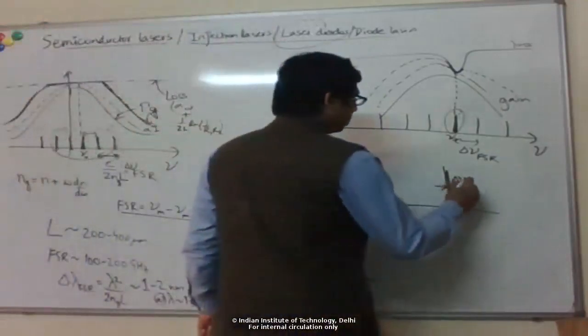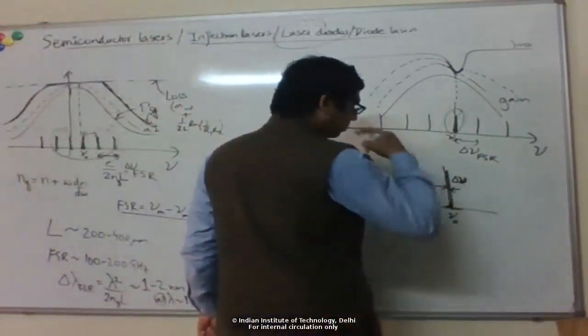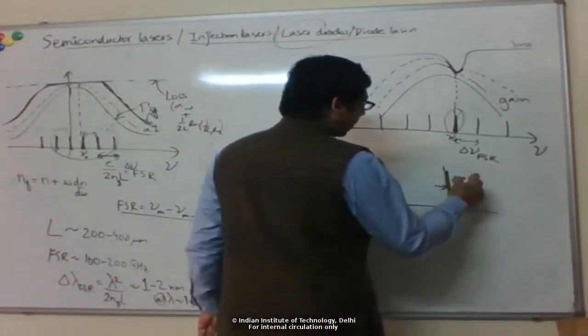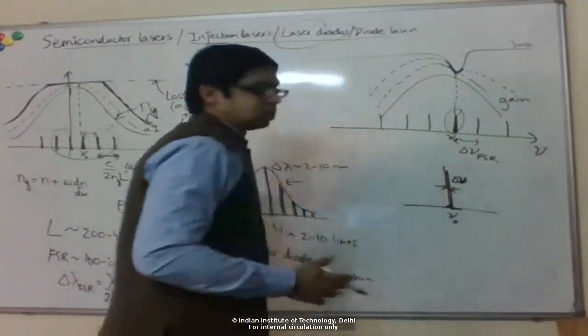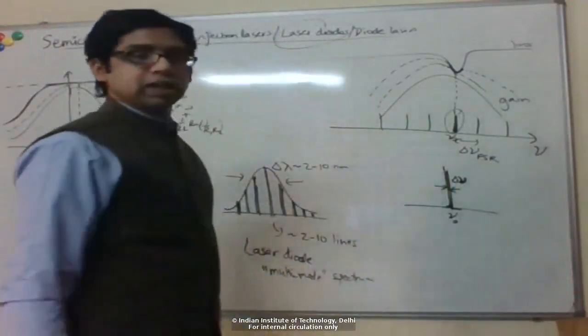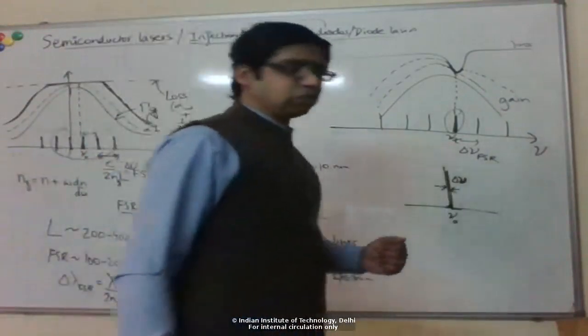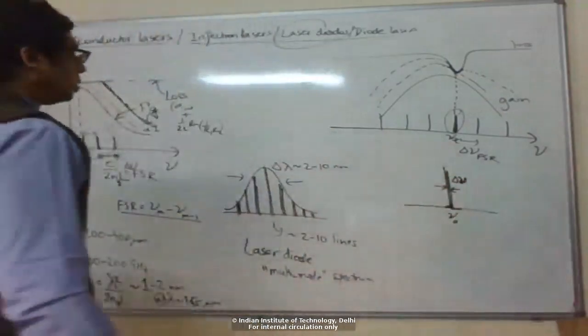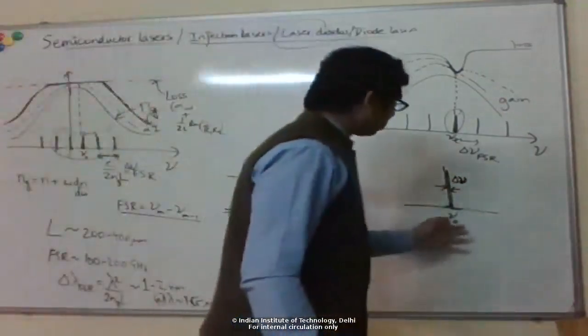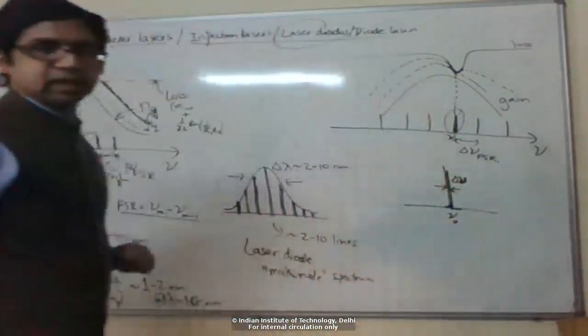So this delta nu will depend on some factors that we'll see, but this can be made as small as, let's say, a few kilohertz. The best semiconductor lasers have a line width of a few kilohertz, maybe 10 kilohertz. And the absolute frequency, of course, we know is like 200 terahertz.